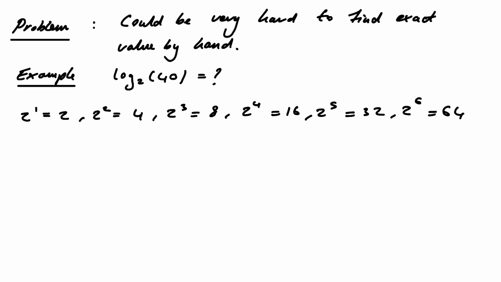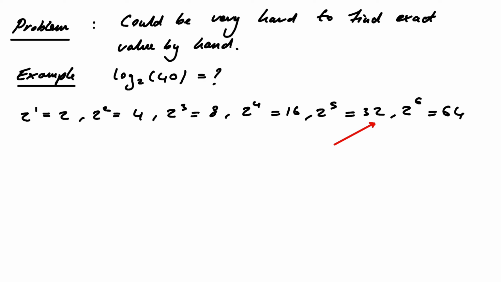So intuitively, this is not precise mathematics, it seems to me that the a I'm looking for is going to be somewhere between 5 and 6, because as I move from 5 to 6, the exponent is going to move from 32 to 64, and at some point it's going to hit 40. So that's not precise, but it is correct logic, it turns out.